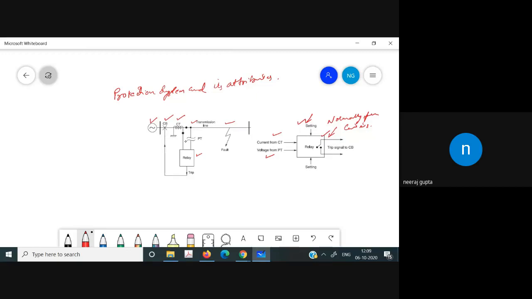The main function of the relay is to carry out the processing of the information provided by the CT and the PT in accordance with the predetermined logic.